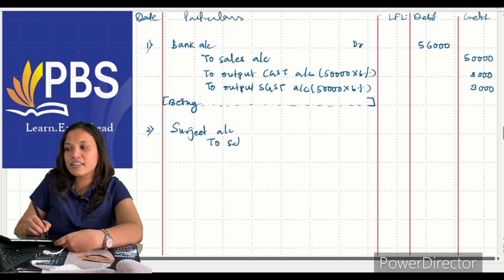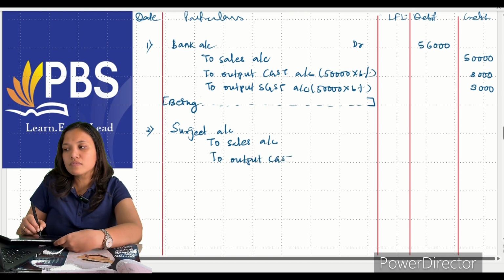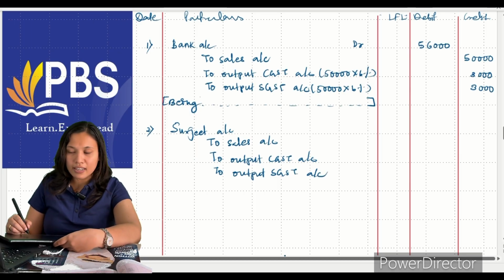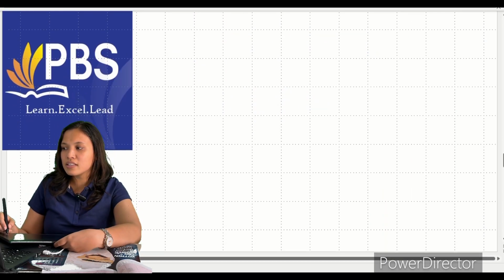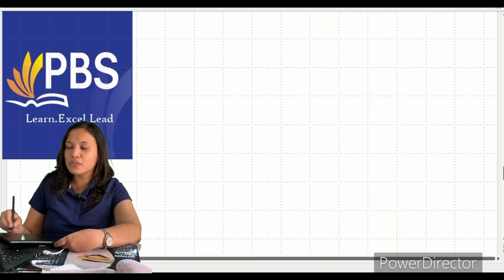Let me first write the entry, then I'll find out the amount. To output CGST account, to output SGST account. Now, when it is given inclusive, how do I calculate? Let us make the working note, leave 2 pages for this.